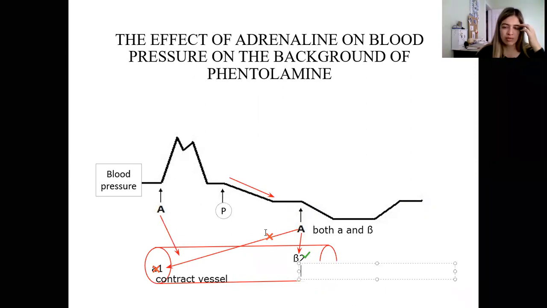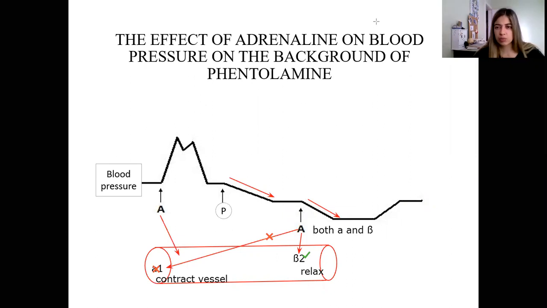But now we don't have the effect from alpha because it is blocked, and we have only the effect on beta-2, and we remember that beta-2 is always relaxation. And that's why after injecting adrenaline, we have even more reduction of blood pressure, because now it works only for relaxation.